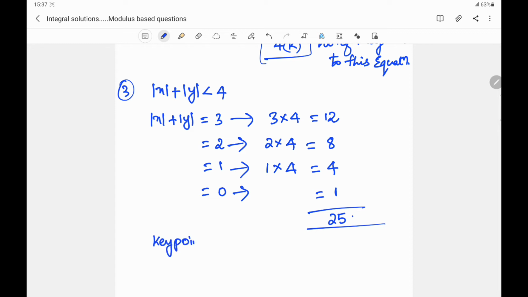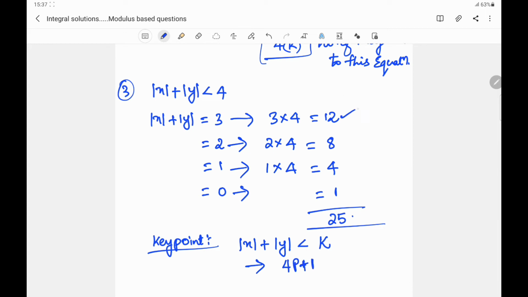Now please note this key point. Whenever we are asked to find the total number of integral solutions to this kind of equation where modulus of x plus modulus of y is less than some k, then the total number of integral solutions will be of the form 4 into p plus 1.